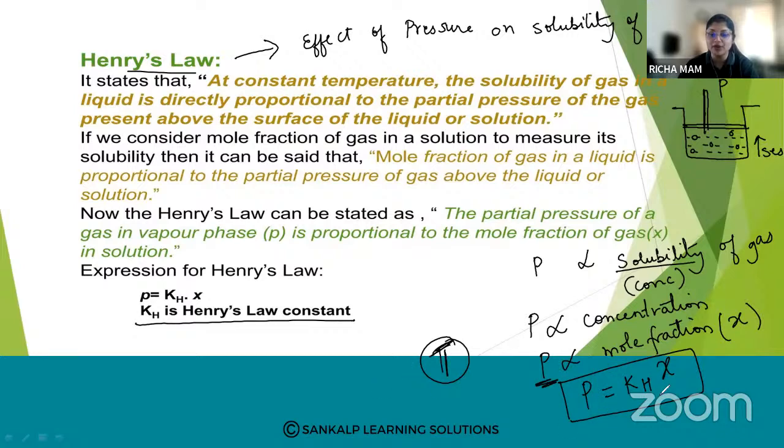So P equals KH into chi, where KH is your Henry's law constant and chi is your mole fraction. If there is a liquid and gas solute particles, and I put pressure from above, as the pressure increases, solubility also increases. So this is about Henry's law.